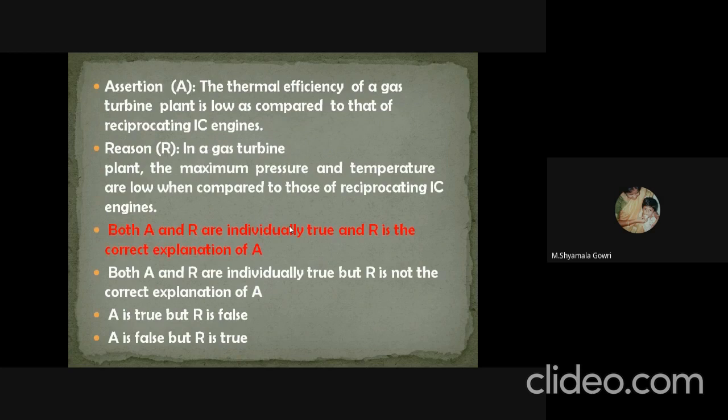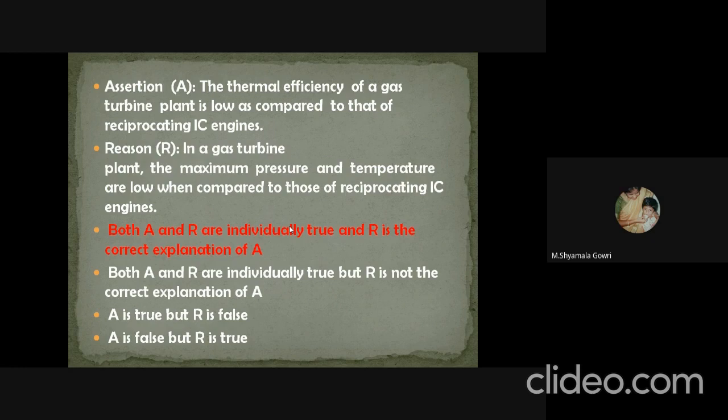We have assertion and reason. Assertion: the thermal efficiency of a gas turbine is low compared to that of reciprocating IC engines. Reason: in a gas turbine plant, the maximum pressure and temperature are low when compared to those of reciprocating engines.